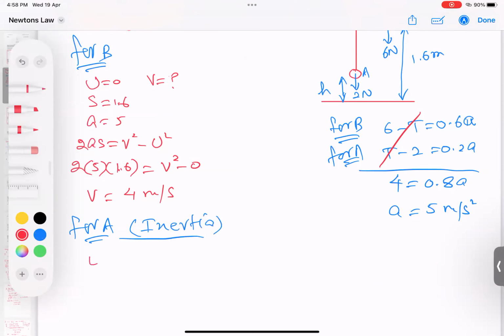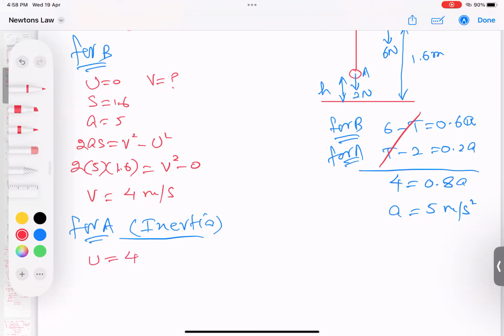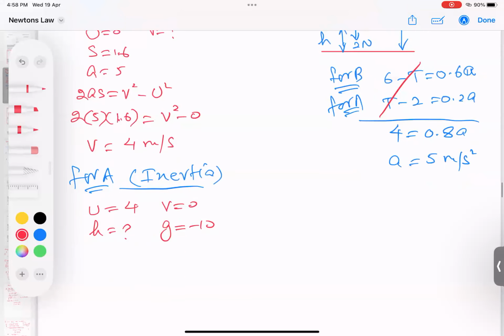Now, this 4 becomes U, and going upward, last velocity is 0. S, the height, is my target, and gravity going upward is negative 10. So let's apply V equals U plus GT. V is 0, U is 4, gravity is negative 10, and time is my target.